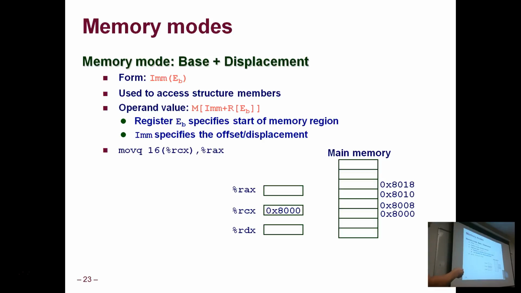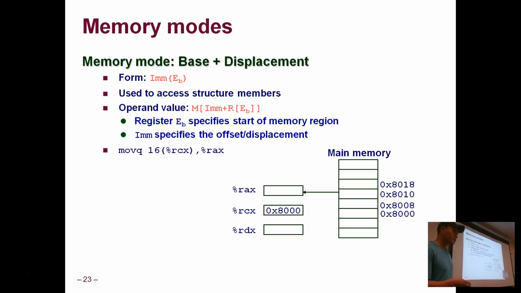Go 16 bytes from this address: add 16 to this register, dereference the address you calculate, and move what's there into RAX. So it calculates 8000 plus decimal 16, which means it's going to go to 8010 and move the data there into RAX. You can see how, if this was your structure and you had an element at a certain offset, the compiler would know how to get at it in one instruction, rather than calculating an address and then dereferencing it with indirect mode.